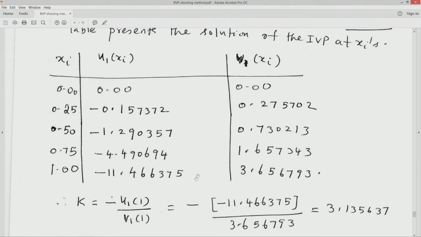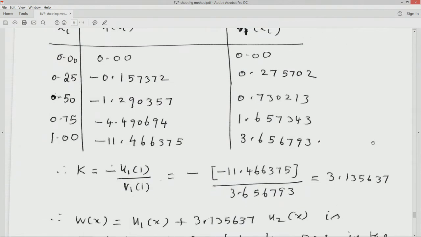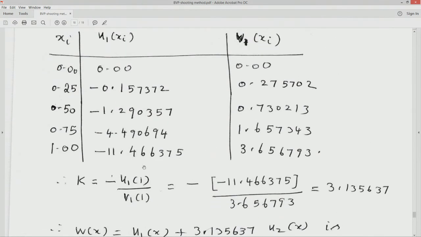The solution of the first initial value problem, denoted by u1 of xi, is specified at these xi, and that of the second initial value problem, denoted by v1 of xi, is given here at these xi. And we said that k is the value of u1 at 1 by v1 at 1 into minus 1. So, u1 at 1 is this and v1 at 1 is this. This gives you the value of k.